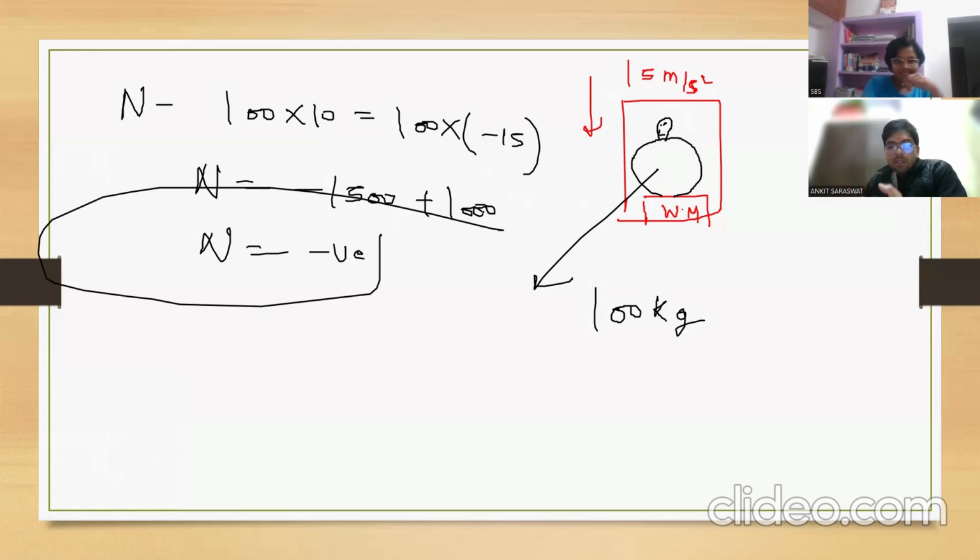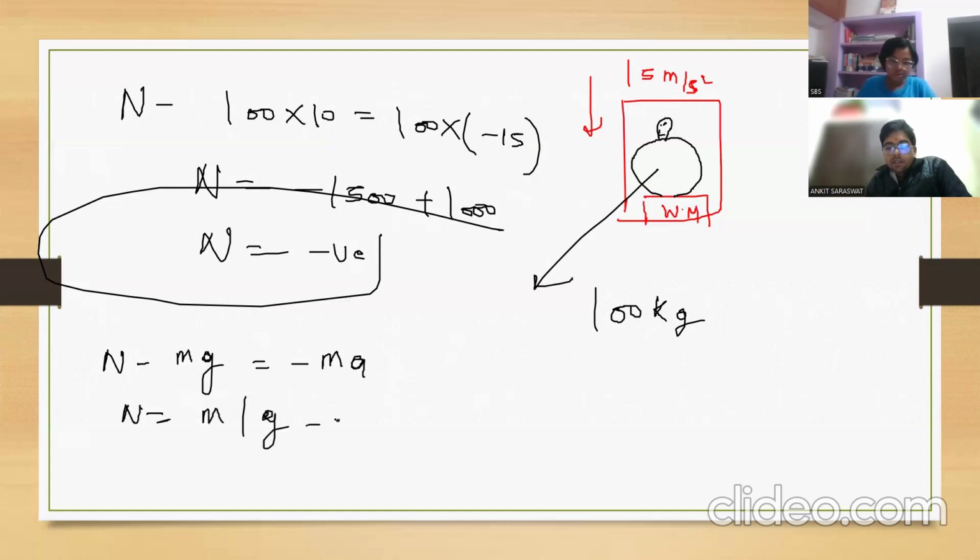Orally, when I say no, that is different, but when we do the mathematics, mathematics never gives the wrong answer. Normal is negative here also, because mass is on both sides. So what we have found is n minus mg is equal to minus ma. So n will be m into g minus a.